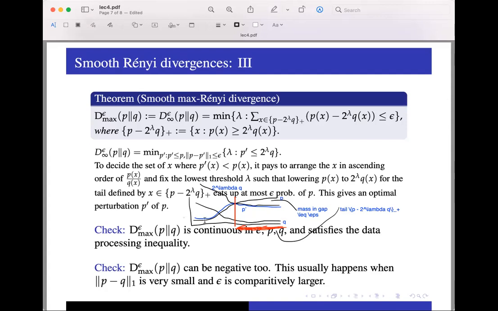This curve is the probability function for the distribution P, and this curve in black is the one for the distribution Q. But remember, I want to identify the positive part of P minus 2 to the lambda Q. So to see it pictorially, let me move the probability distribution Q upwards by multiplying by 2 to the power lambda.